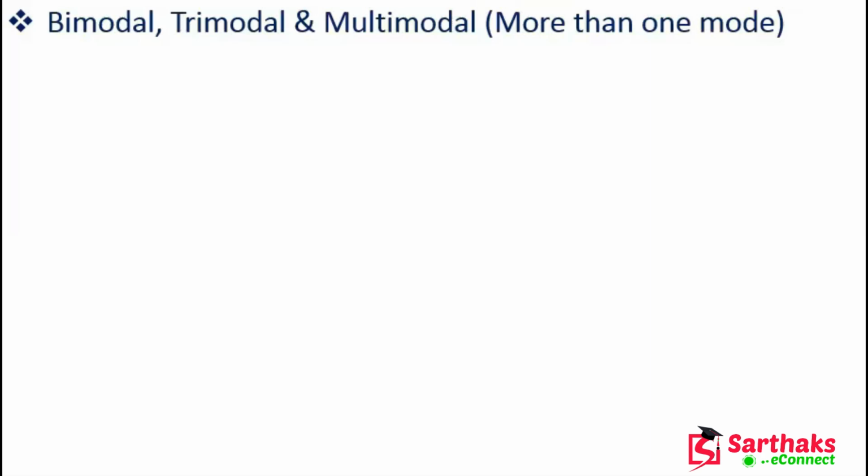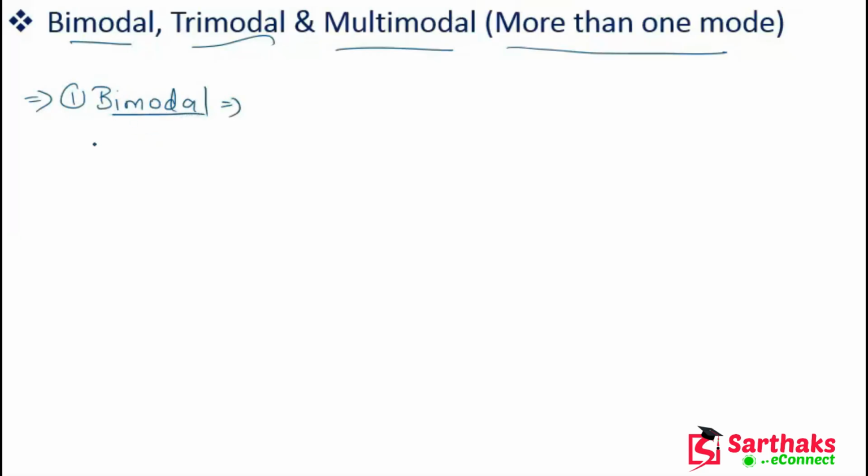Bimodal, trimodal, multimodal: these have more than one mode. What is bimodal? When there are two modes in a data set, the set is called bimodal. For example, let's suppose we have the set 2, 2, 2, 3, 4, 4, 5, 5, 5.